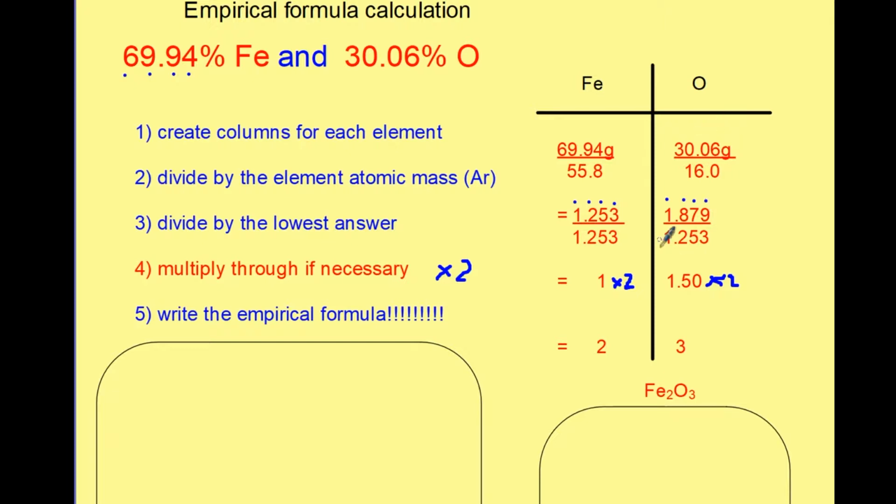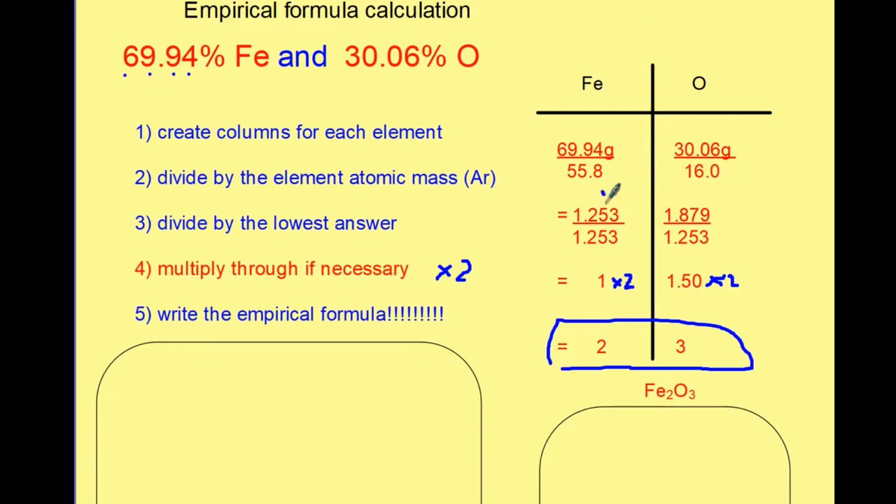Obviously, you can keep the full answer in your calculator, but when you're writing it down, don't go under 4 significant figures until you hit this area here. If you go down to under 4 significant figures here, it can create errors in your calculation.